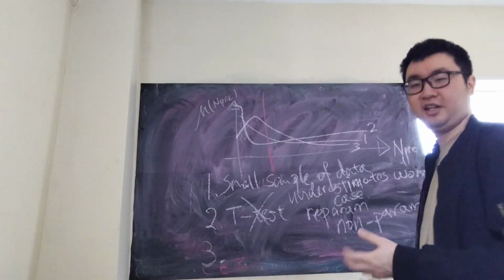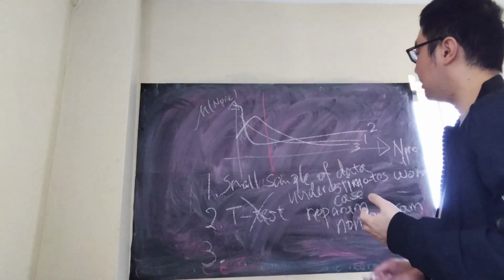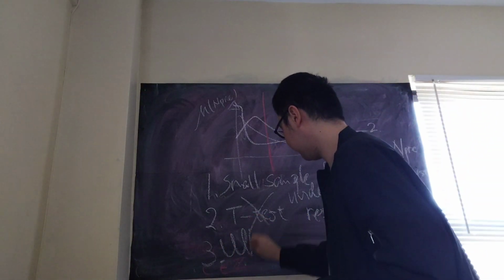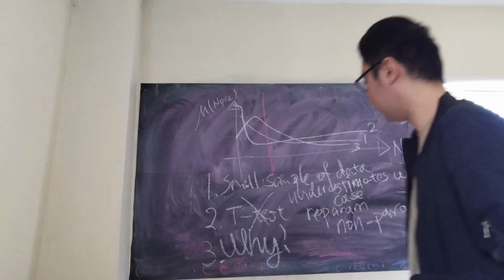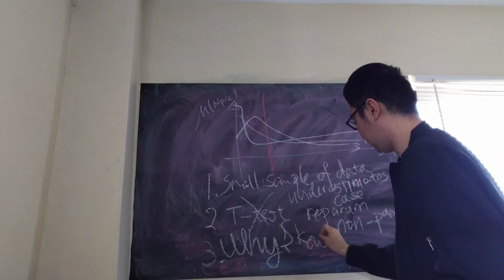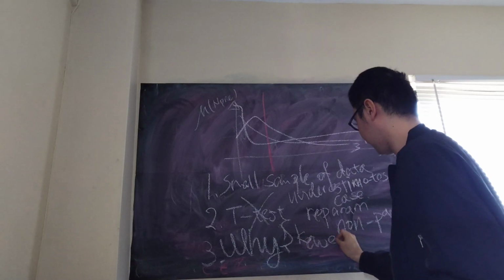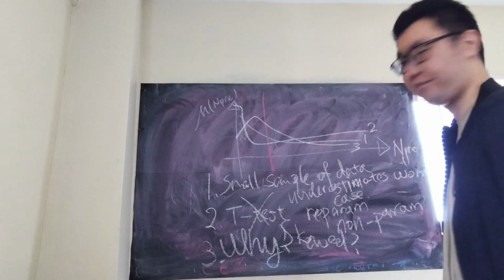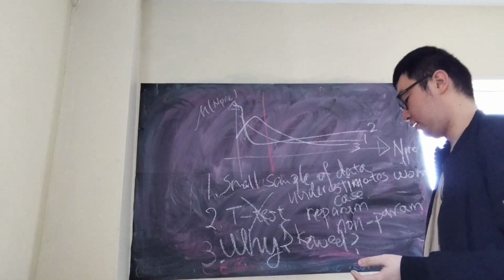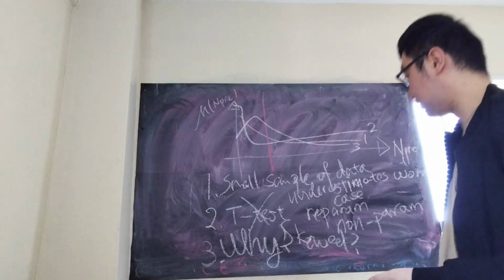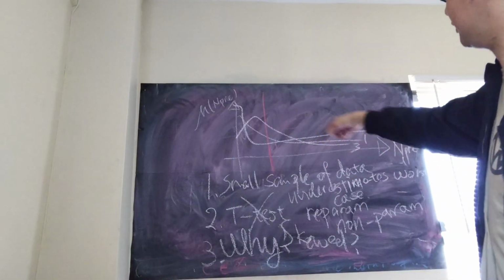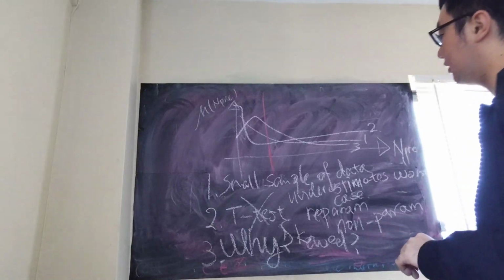And third, one might ask, why is this skewed? This brings a very deep question, because usually when you think of something exponential, it's associated with the dynamics of generation.